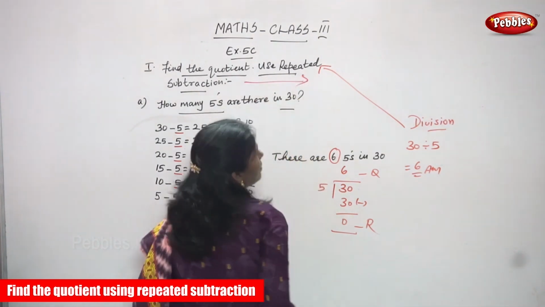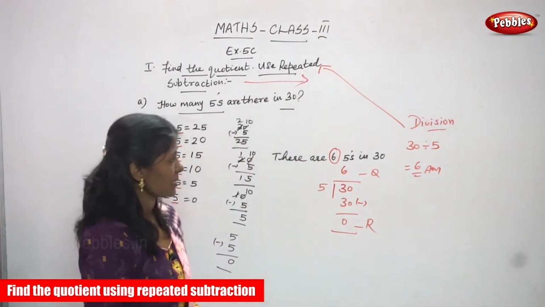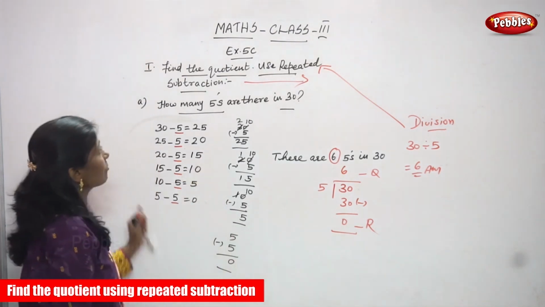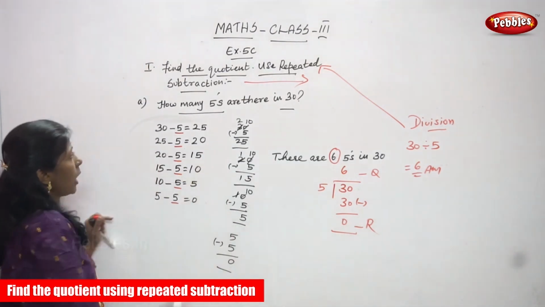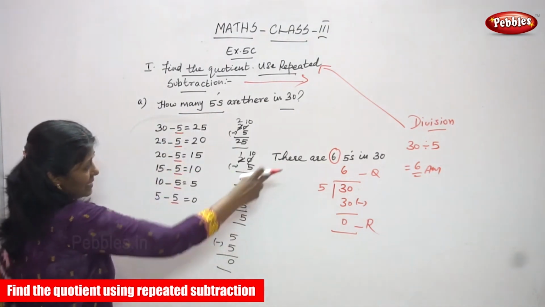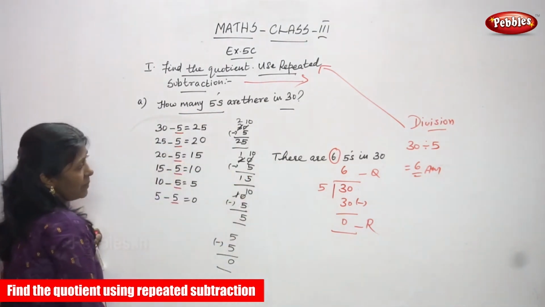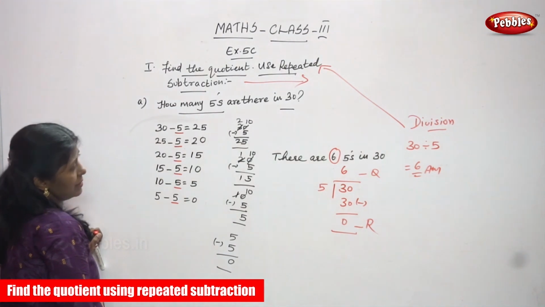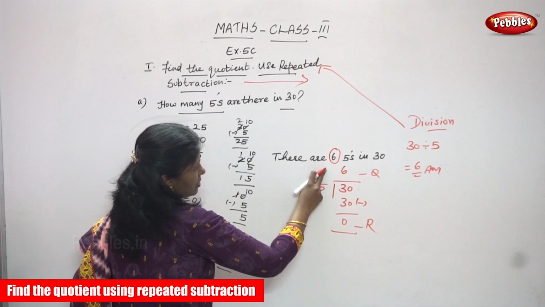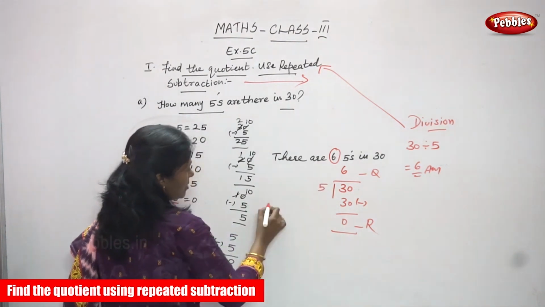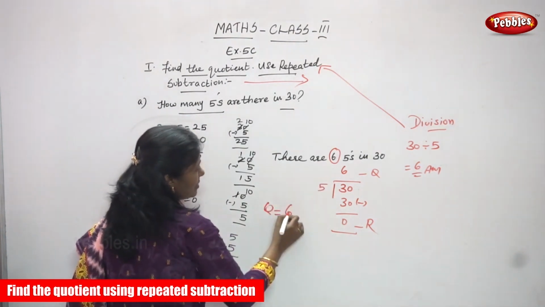We used only repeated subtraction and found the quotient. How many 5's are there? There are 6 5's in 30. That is, 6 is the quotient. So we find the answer is 6.